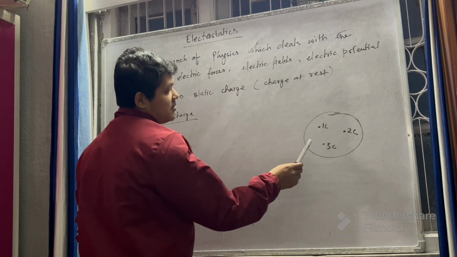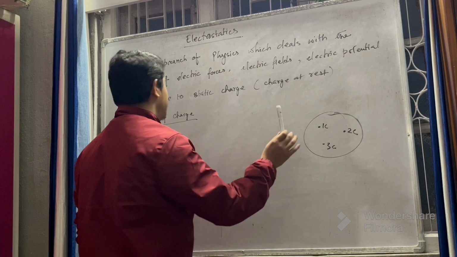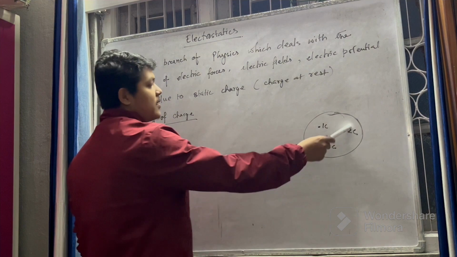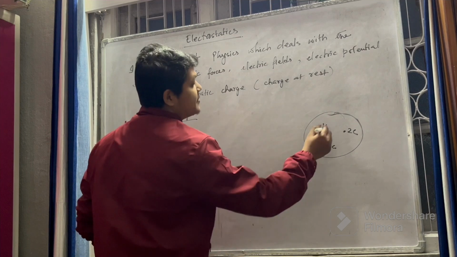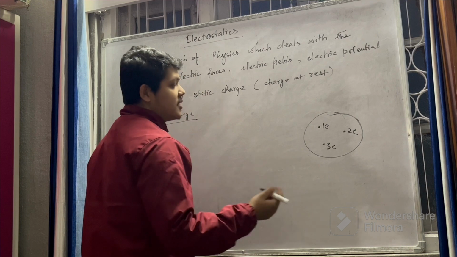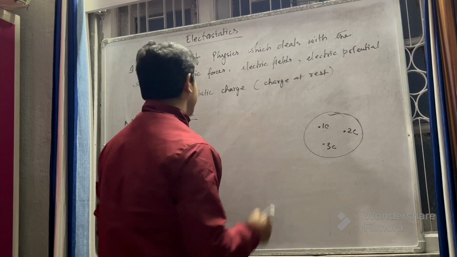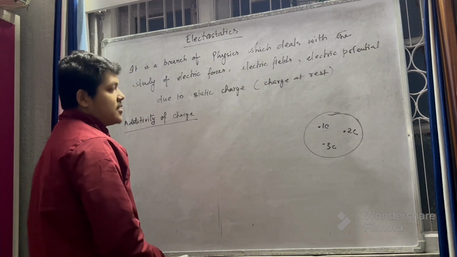So how to find the total charge in this body? We just need to find the algebraic sum of these charges. 1 plus 2 plus 3 will be 6, right? So the net charge is 6 coulomb.